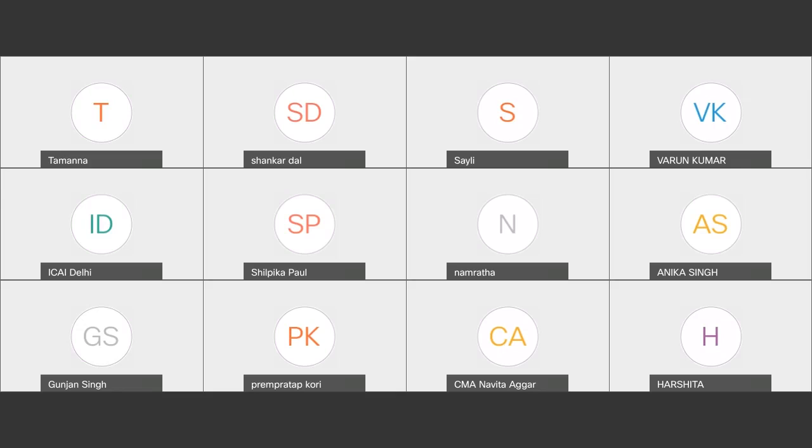Now, with the amendment in the CGST law, under sub-section 1 of section 34, one credit note can be raised for multiple invoices together. There is no need to raise a single credit note for each and every invoice.